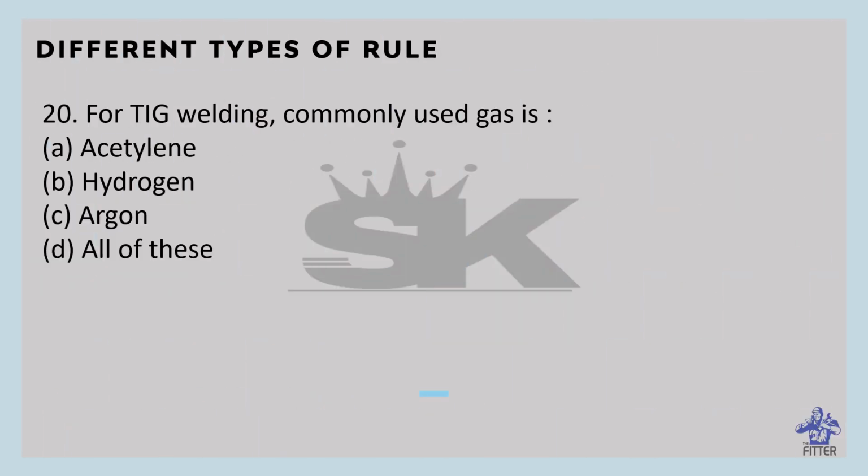For TIG welding, commonly used gas is argon. Shielding gas serves to blanket the weld and excludes the active properties in surrounding air. It is a process that produces an electric arc maintained between a non-consumable tungsten electrode and part to be welded.